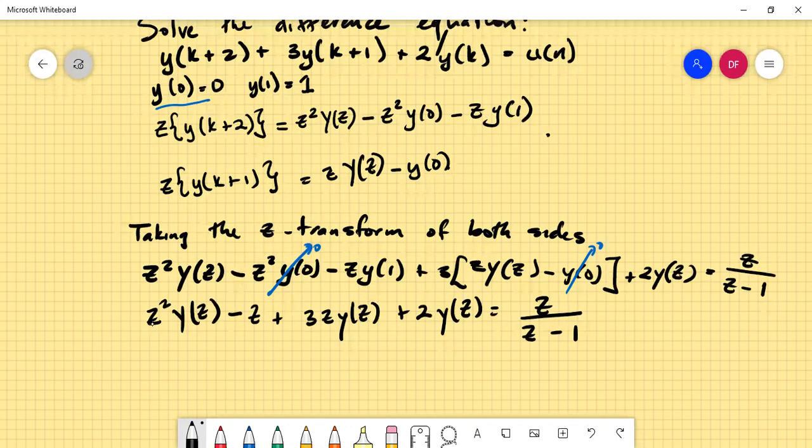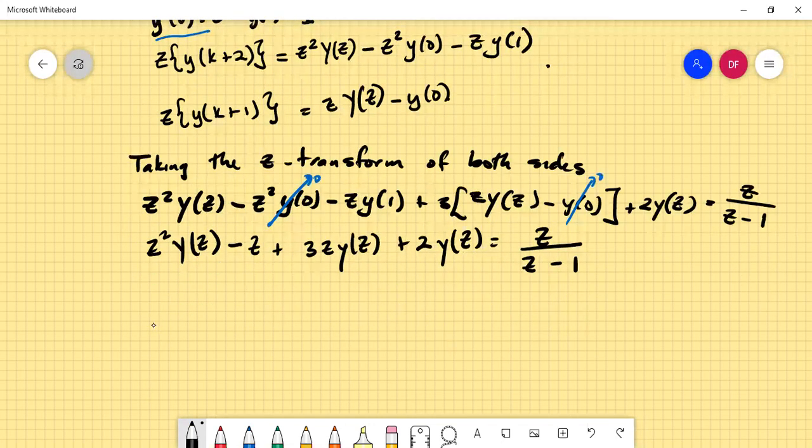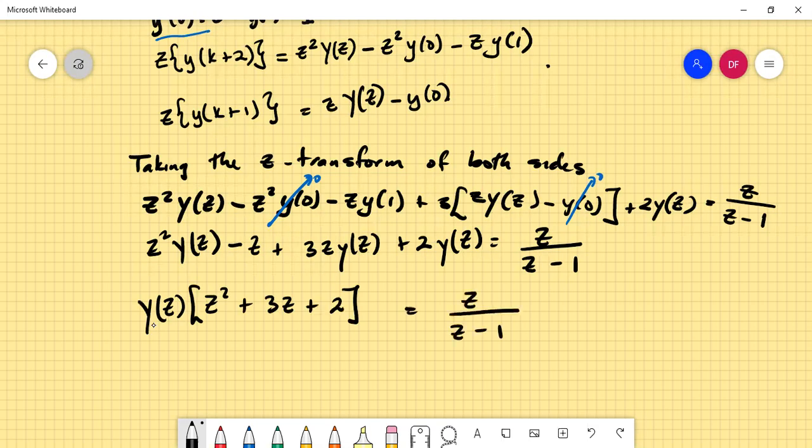First thing I'm going to do is carry over this z here. I'm going to do two things in one. I'm going to factorize out Y(z). That's z squared plus 3z plus 2, is equal to z over z minus 1 plus z.